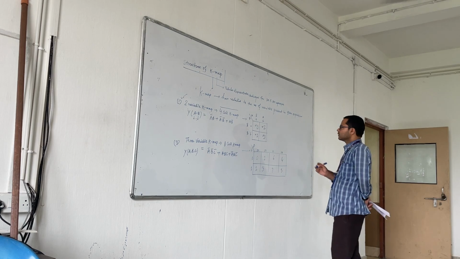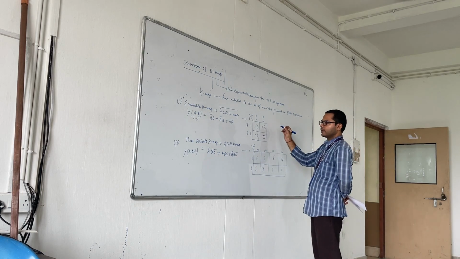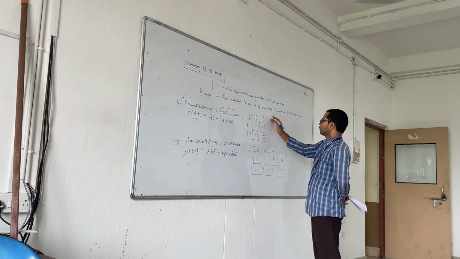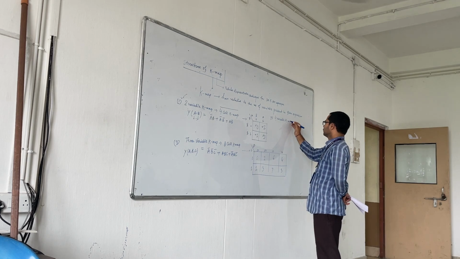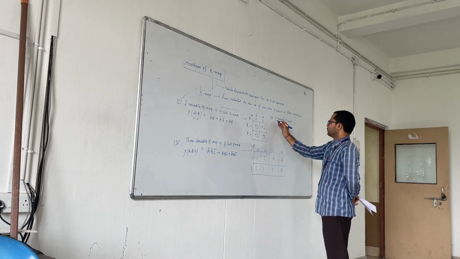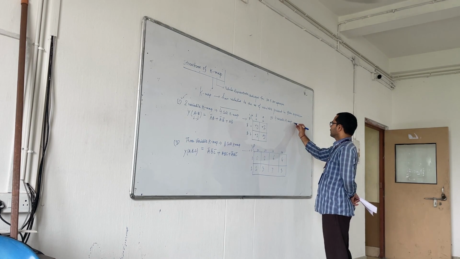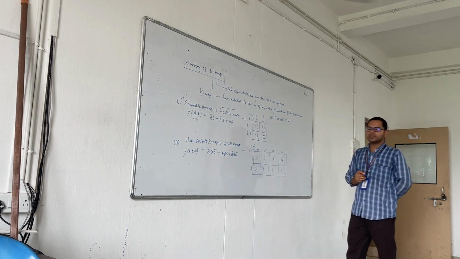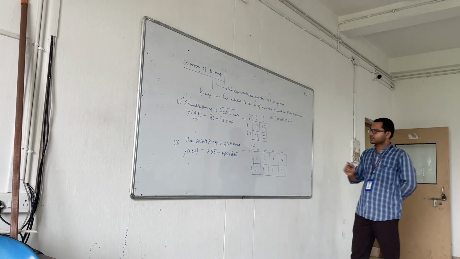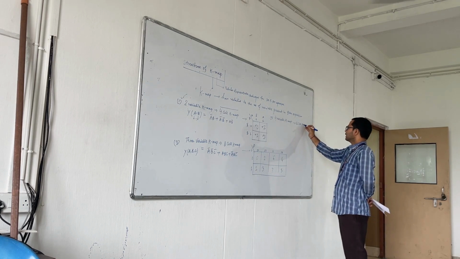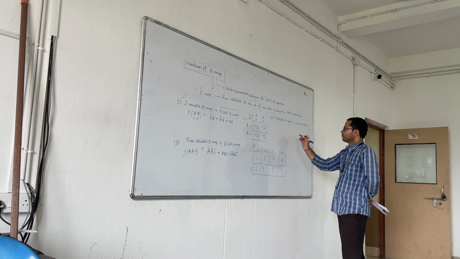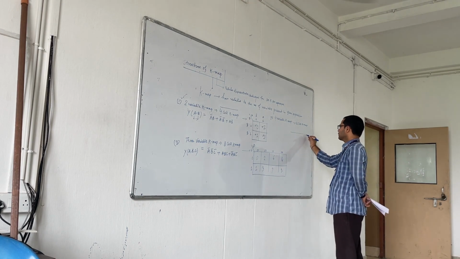Okay. Now 4 variables given. So 4 variables given means how many cells will be there? 16. That means it is nothing but a 16 cell K map. Structure will be like this.